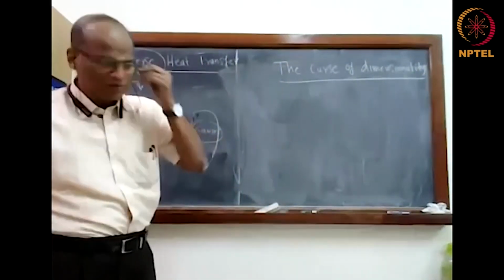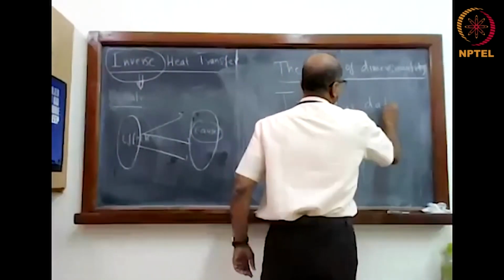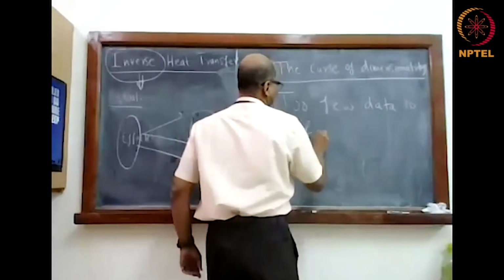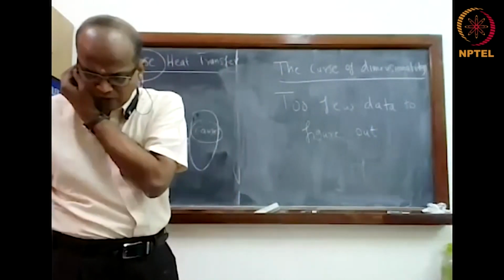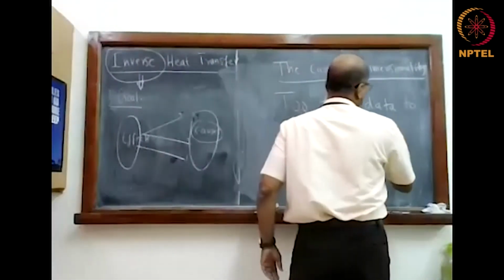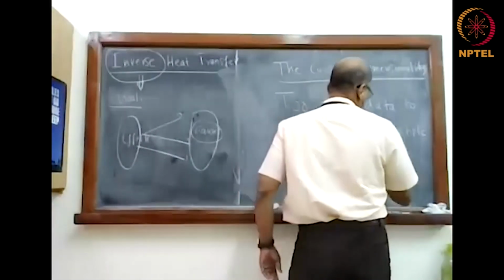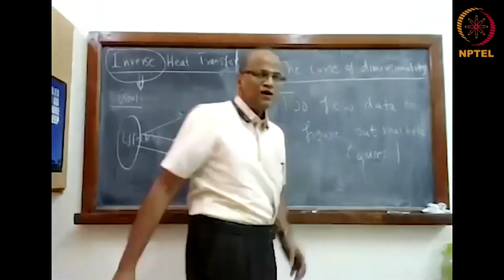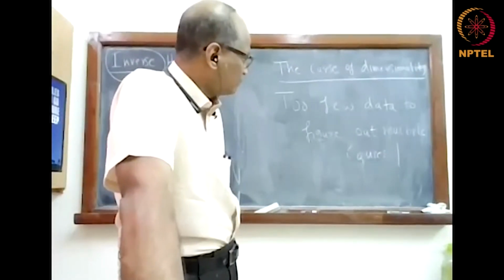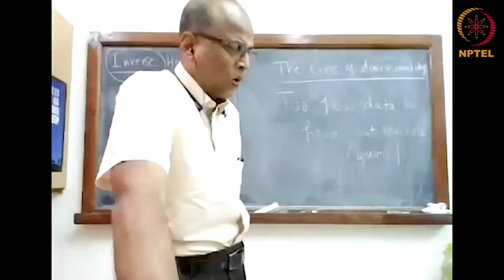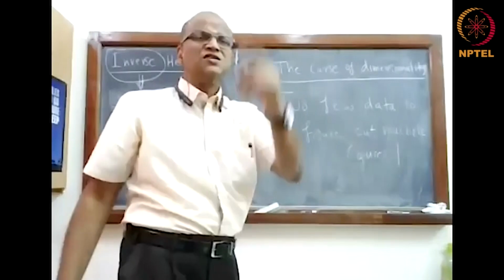Few data to figure out multiple causes. Are you getting this point? This is a fundamental problem. There are only a few temperatures, and with that you want to write a full story about that slab. Not possible. That is the curse of dimensionality.